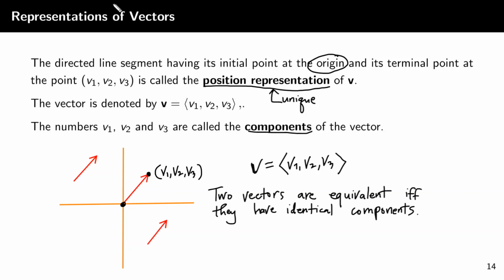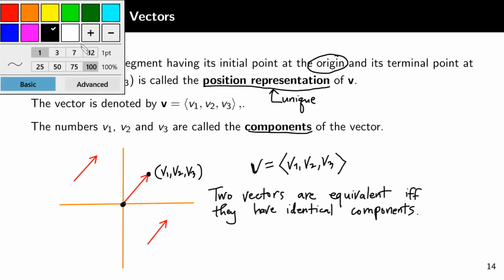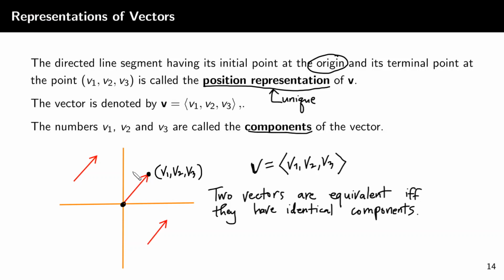For example, in this case, we have three components. So technically, this vector should be in three-dimensional space. It's hard to visualize exactly where it is pointing, but even though I only drew two axes initially, because this vector has three components, it is a vector in three-dimensional space.